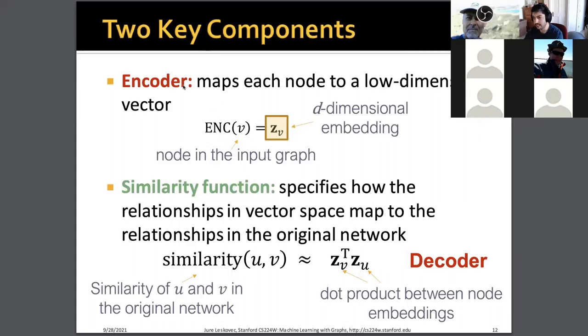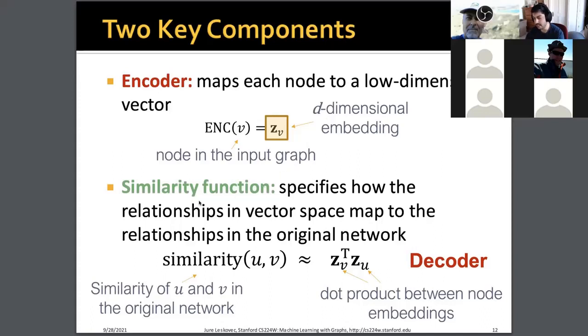So basically we have this encoder, it maps to a low dimensional vector. So for example, we have node U, and then that becomes node U's vector from this encoder. And it's of D dimensions, and D is just whatever we decide to embed it as. So we can have that be 10 or 50 or 100 or some other number. It's whatever the size of the embedding we want it to be.